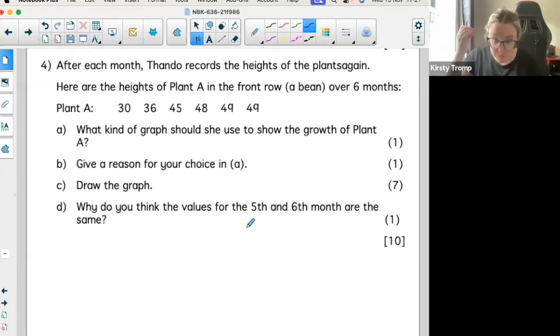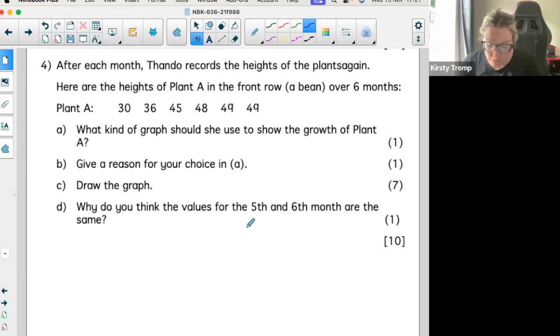So when we're looking at height, is height discrete or is it continuous? Remember we spoke about discrete and continuous. Discrete is if it's a whole counting number. You can only count it as a whole, no decimals. If it's continuous, it means it can have decimals. So for height, well done, Mulalo, it is going to be continuous. So just have that in your mind.